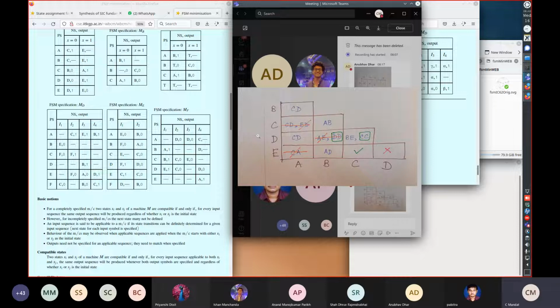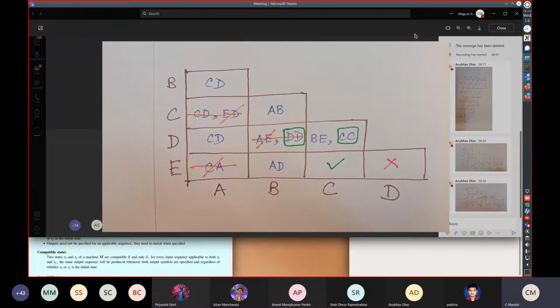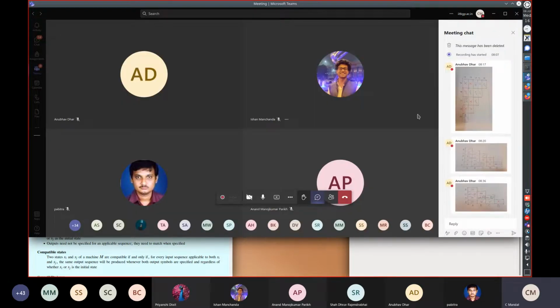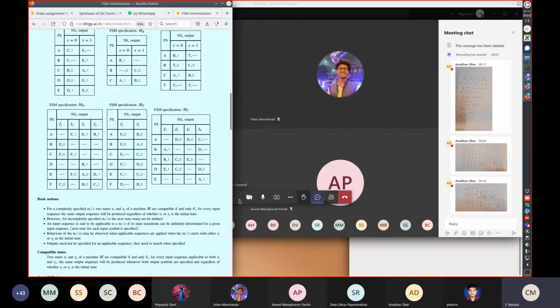Have you constructed the compatibility graph, anyone? Can someone post the compatibility graph for MF?